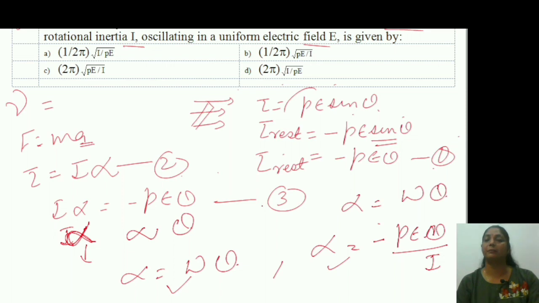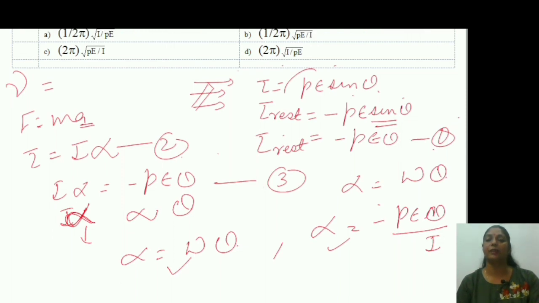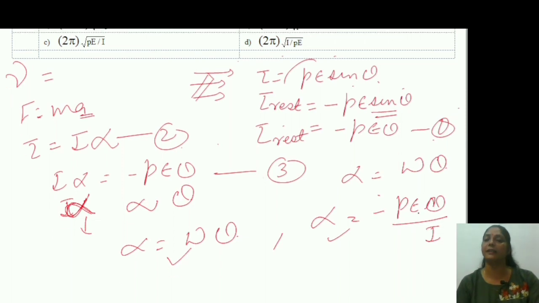From equation number 3, you get alpha equal to minus PE theta by I. This negative sign shows restoring torque, and you know alpha is omega square theta. So you compare these two equations, you get this is theta, this one is theta.